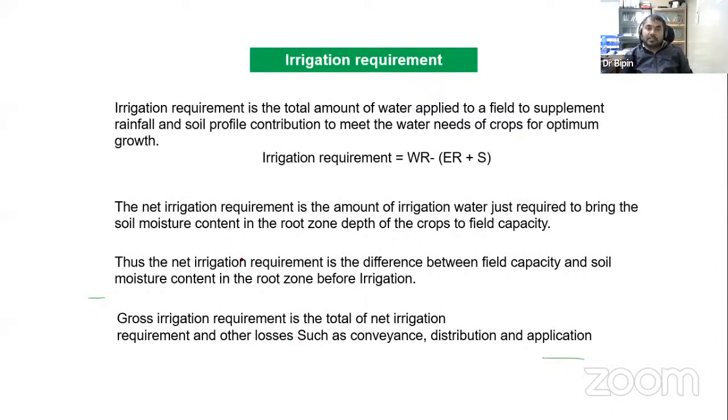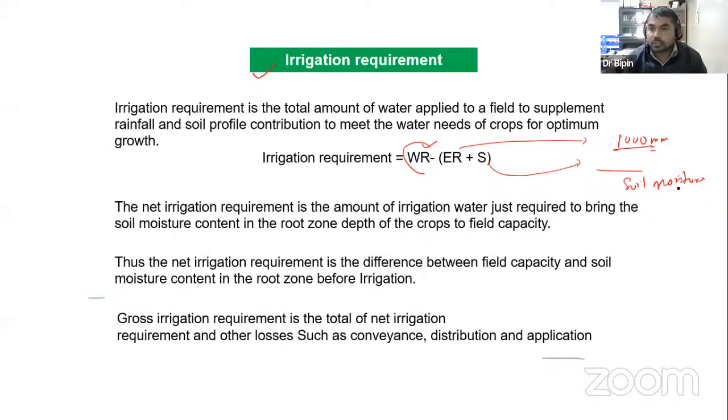Now we will discuss the irrigation requirement. So here we have now understood what the water requirement is. Suppose your field requires 1,000 mm of water as a water requirement. This 1,000 may be supplied by your effective rainfall, and some will be contributed from soil moisture.